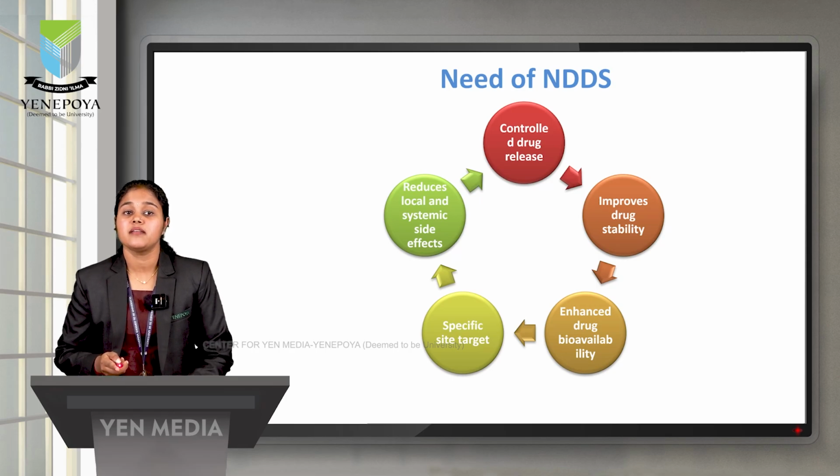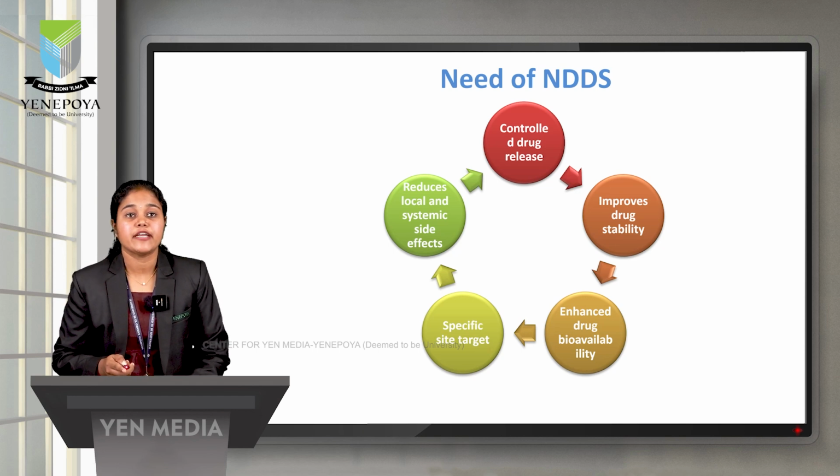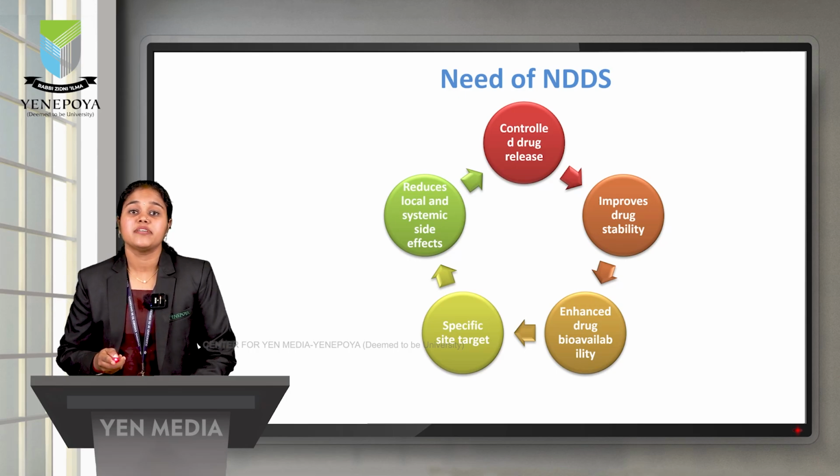This is a main requirement for some diseases. Specific site targeting, as well as reduced local and systemic side effects associated with the drug or any other problems associated with it, can be reduced by opting for a novel drug delivery system.